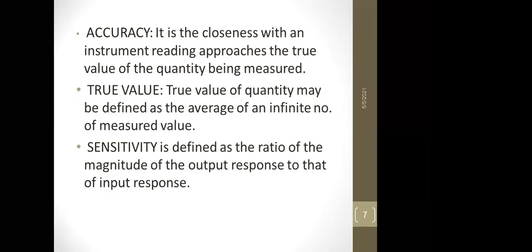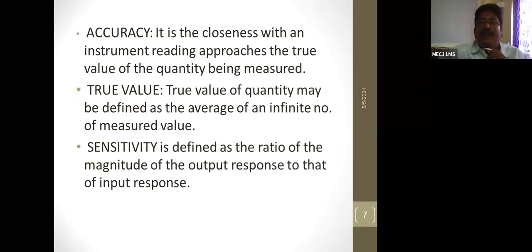That means the true value is nothing but a standard one, defined as the average of many measured values. For example, in this room I got 27.8, then 27.7, 27.8, 27.9, all very near each other. The average of all these is the true value.